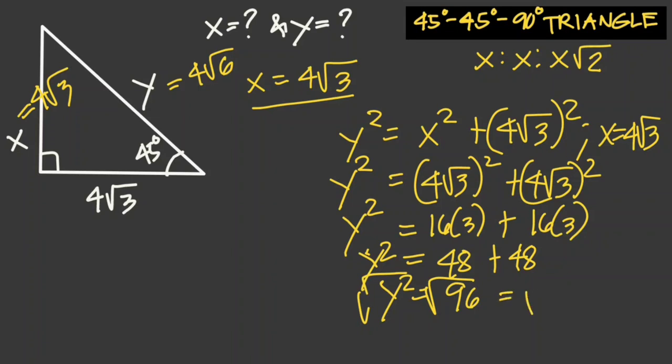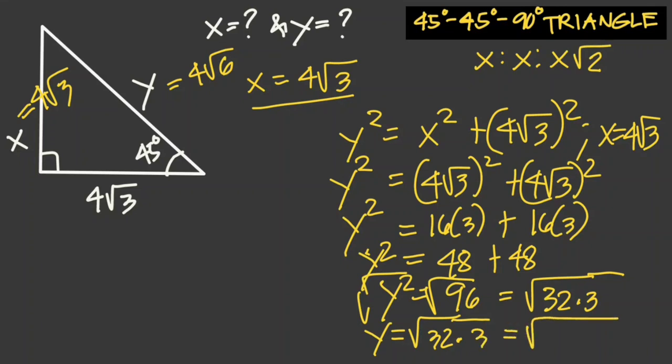Then 96 can be written as 32 times 3. So y is just equal to the square root of 32 times 3, and 32 can be written as 16 times 2.